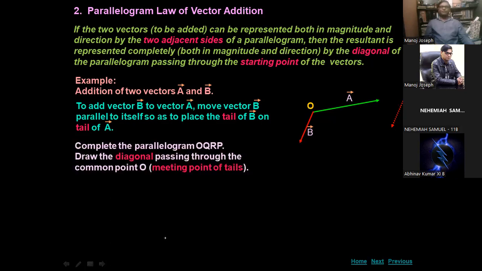Now complete the parallelogram OQRP. Draw the diagonal passing through the common point, meeting the point R. So we are completing the parallelogram. Drawing the parallel sides: first I draw the side QR, which is parallel to OP, and then the last closing side, PR, will be parallel to OQ.